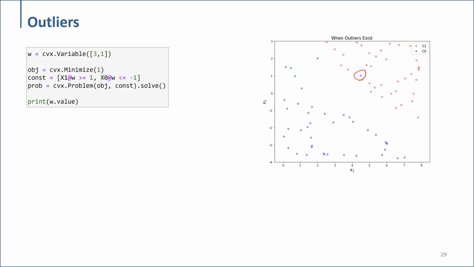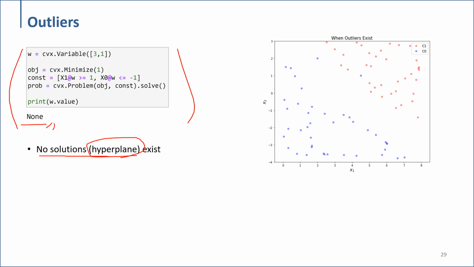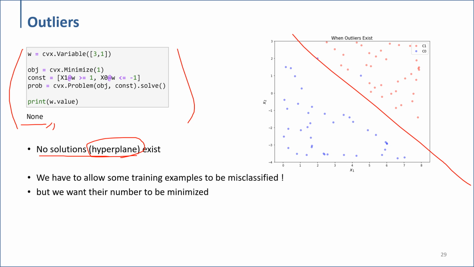Let's assume some outliers exist. If you use exactly the same code for the optimization problem, then you will get a None value. That means there is no solution, so no hyperplane exists that separates this.